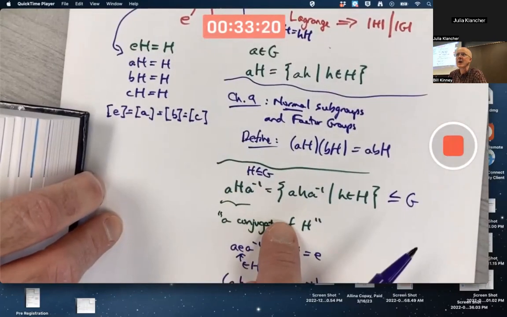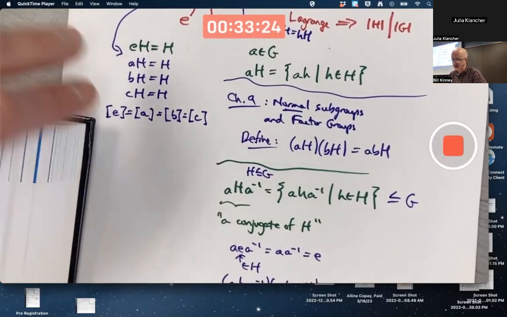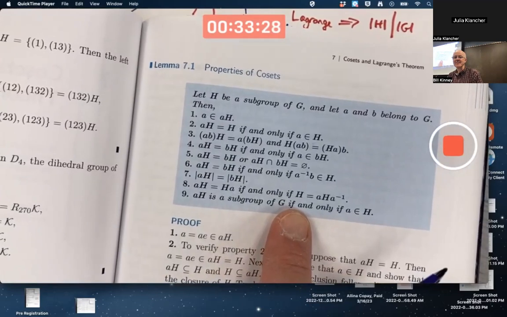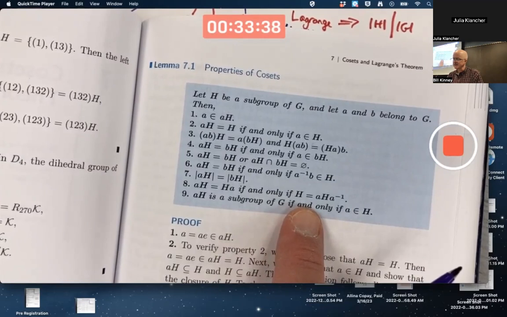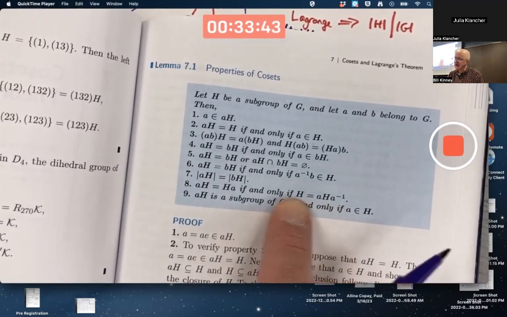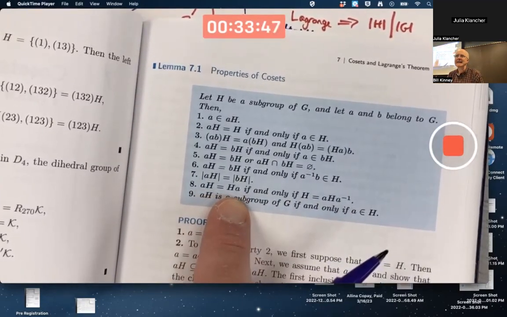In general, this thing's not a coset unless A happens to be in H, in which case it equals H, which is the condition here. Which is a subgroup. And the conjugate is always going to give you H whenever the left and right cosets are the same, is what this is saying.